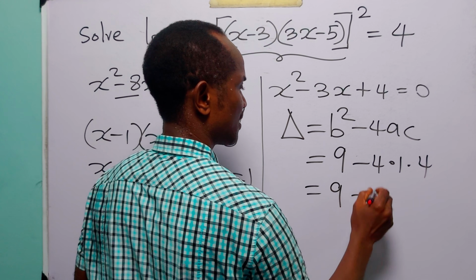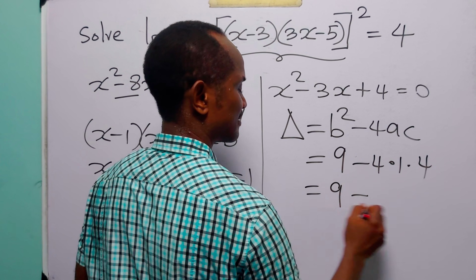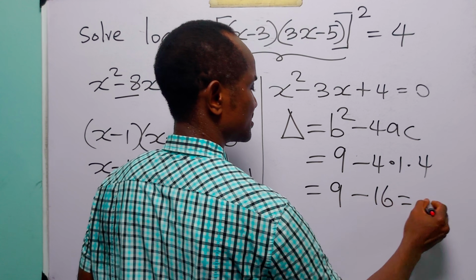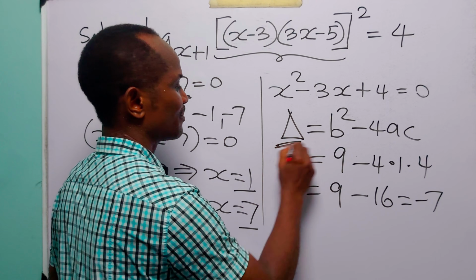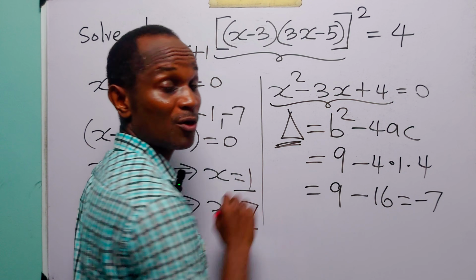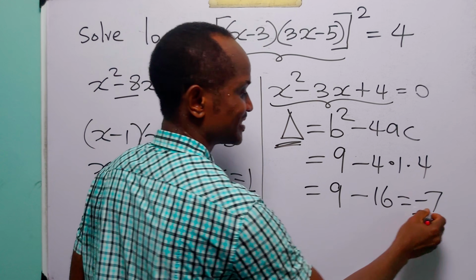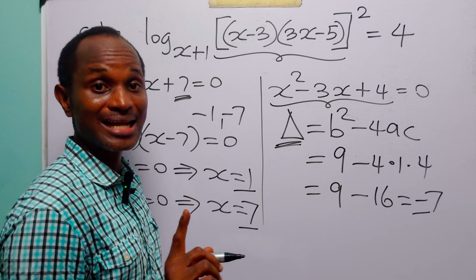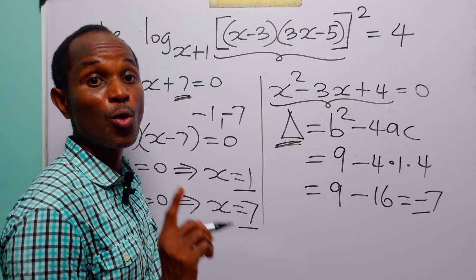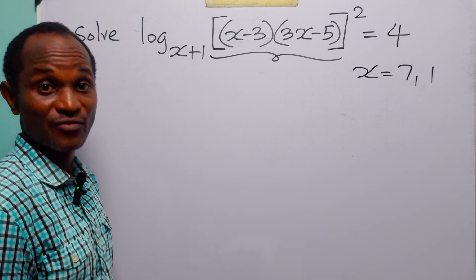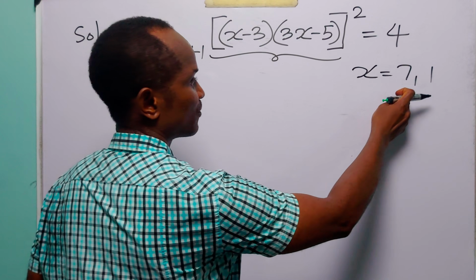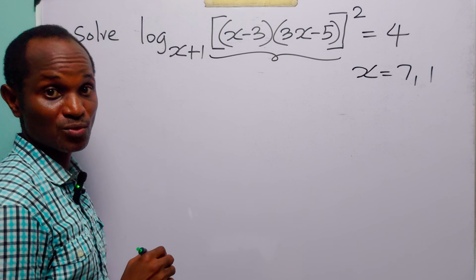This is 9 minus 4 times 4 is 16. This is minus 7. Of course, you know that when the discriminant of a quadratic equation is negative, it simply means that that quadratic equation has no real roots. And finally, the only two values of x we have are x equal to 7 and x equal to 1.